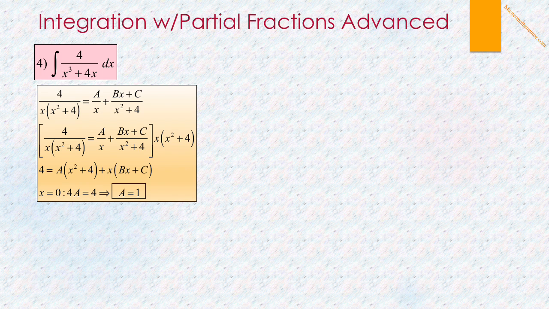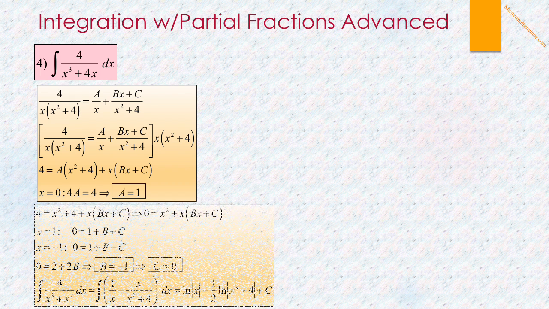We will let x equal 0 to eliminate the B and the C, and we get 4A = 4 and A is equal to 1. So plugging in our A, we get 4 = x² + 4 + x(Bx + C). And from there, that gives us 0 = x² + x(Bx + C).